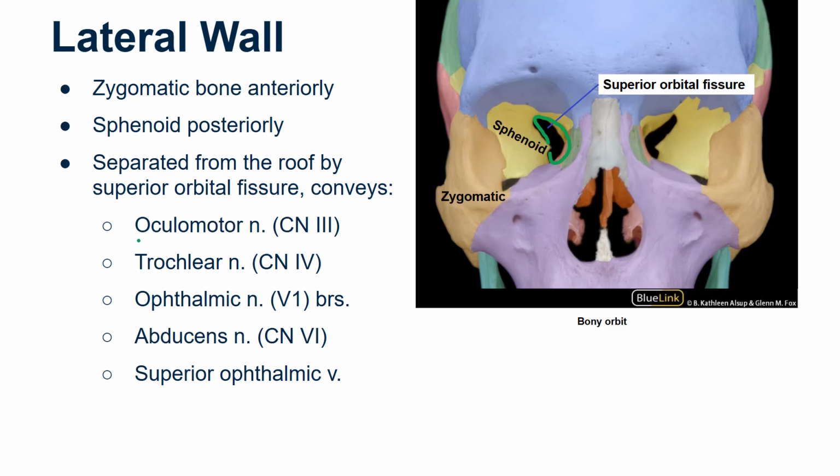In particular, cranial nerve 3, the oculomotor nerve, cranial nerve 4, the trochlear nerve, V1, which is the ophthalmic division of the trigeminal nerve, cranial nerve 6, which is the abducens, as well as the superior ophthalmic vein, which is the major drainage of blood from the orbit.